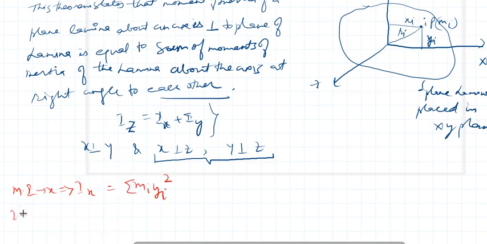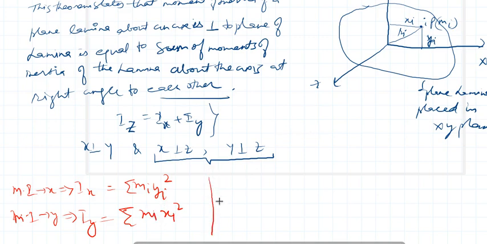And similarly, the moment of inertia about the y-axis can be written as Iy, and if it starts rotating about the y-axis, the perpendicular distance from the y-axis is xi, so it is the summation of mi xi square.